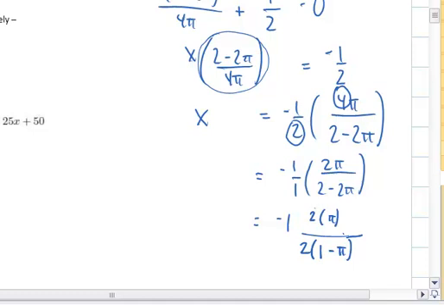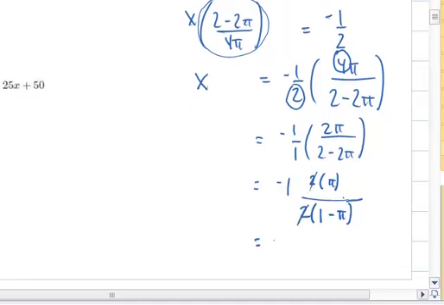So now those 2's cancel. And I am having -1 over 1 minus pi. And then I can finally say that if I divide the negative out of both, I'll have 1 over pi minus 1. So this would be the final answer for that.